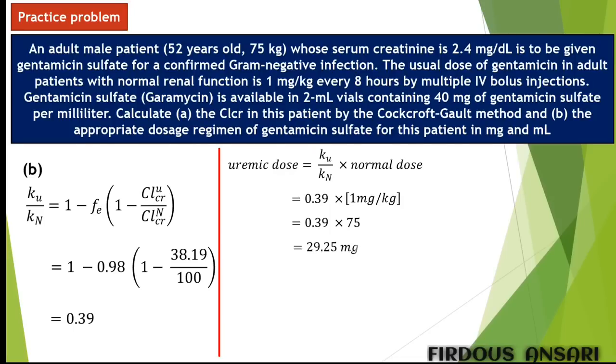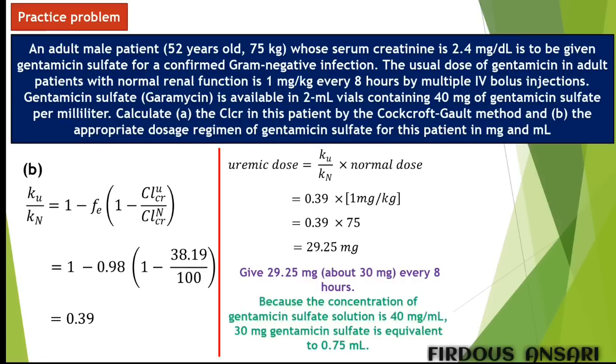We solve and get 29.25 mg. So give 29.25 mg, or about 30 mg, every 8 hours. Because the concentration of gentamicin sulfate solution is 40 mg per ml, 30 mg is equivalent to 0.75 ml. So this is about the uremic dose.